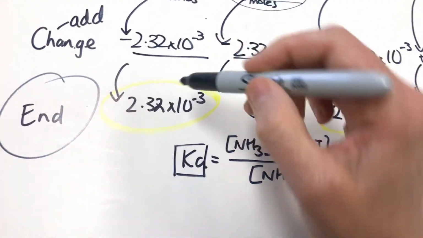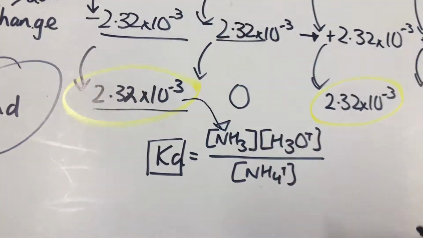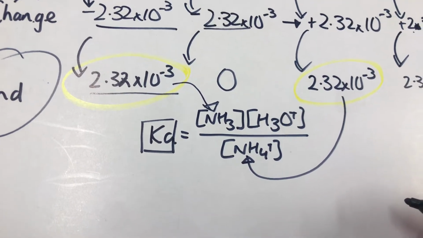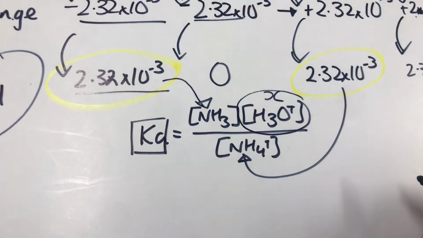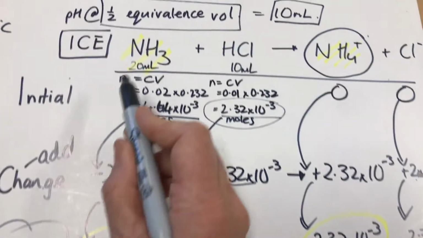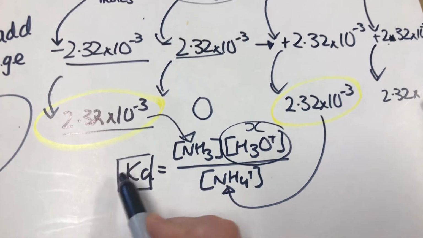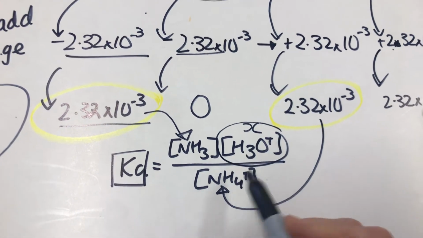And this time, this number here, my NH3, is going to substitute into here. My NH4+, I'm not going to go X times X this time. This is going to be my X. That is what I'm going to rearrange to solve. I'm going to insert the NH3, remember, NH3 into there. I'm going to insert the NH4+. I'm going to insert the Ka, and I'm going to rearrange and solve for this.